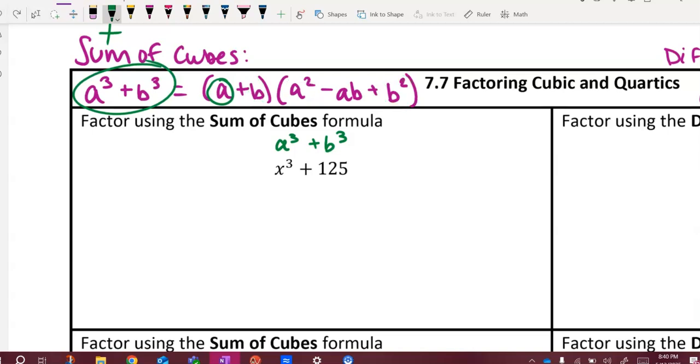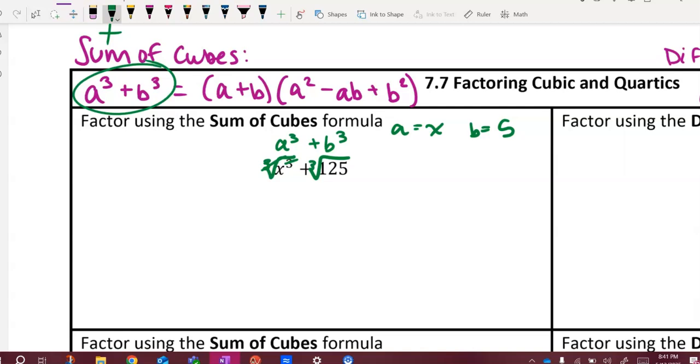We need all these numbers, so we need to figure out what a is alone without it being cubed. So how do we get rid of the cube? We cube root. So a is just x. The cube root of x cubed is x. And the cube root of 125 is 5. So that means b is 5.